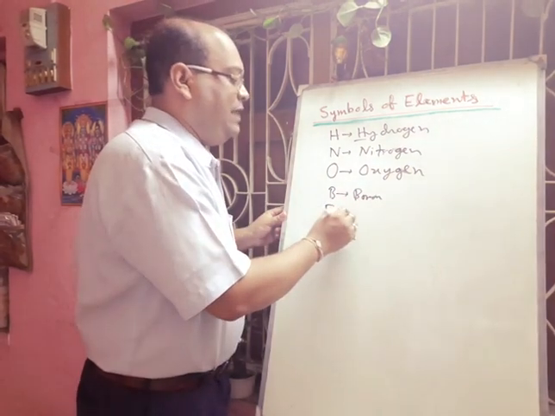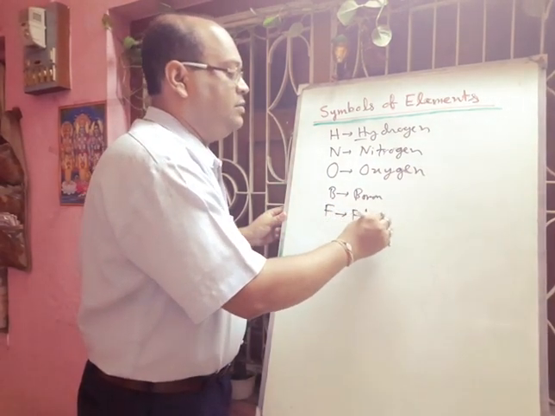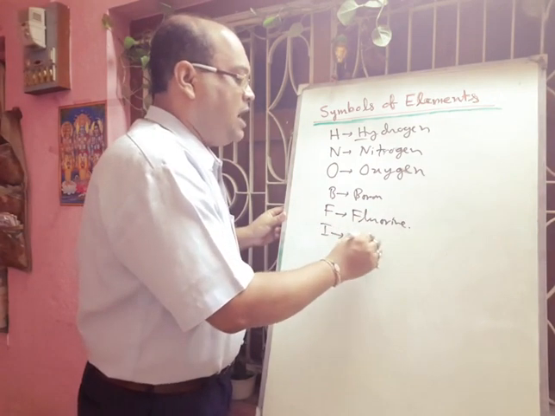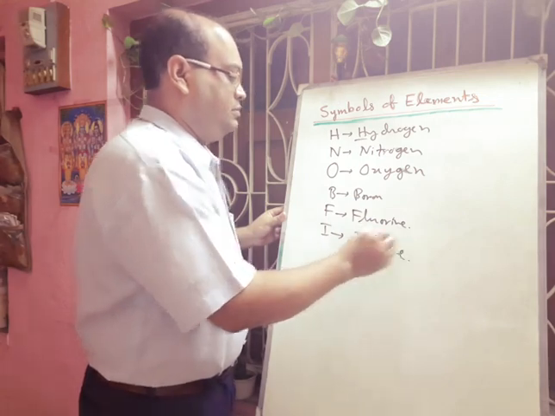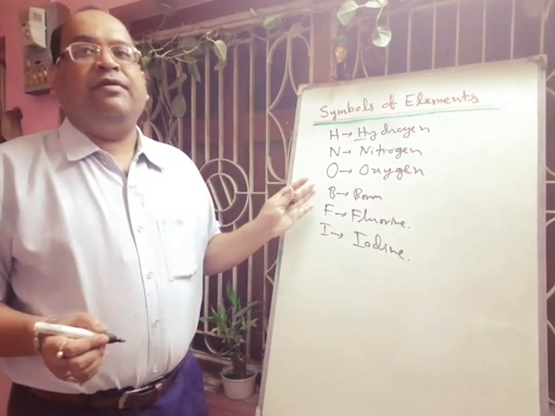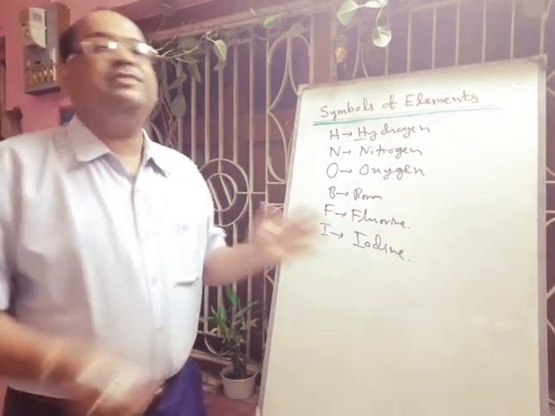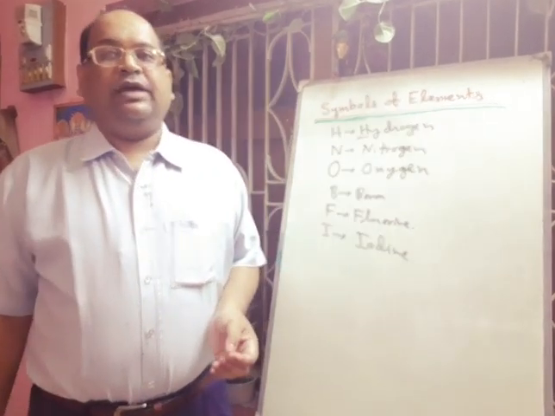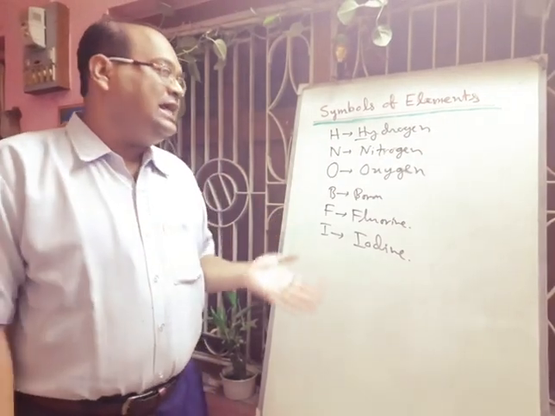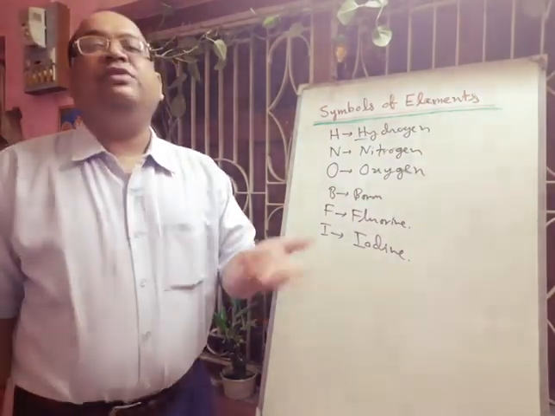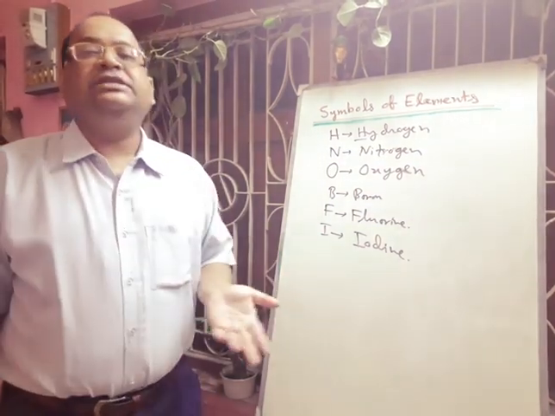When we write F, that means fluorine. When we write I, that means iodine. So here only the first letter is taken. When we write P, that means phosphorus. When we write C, that is for carbon. When we write U, that is for uranium. And V is used for vanadium.